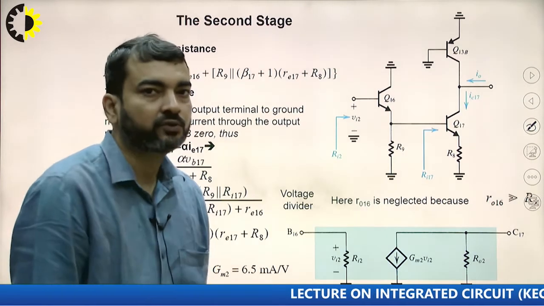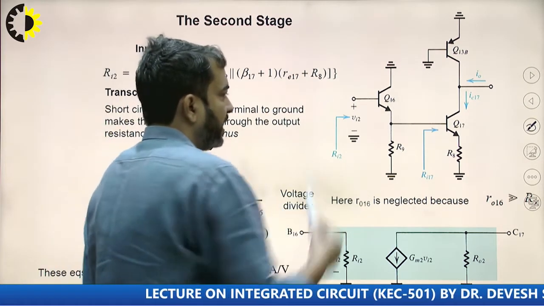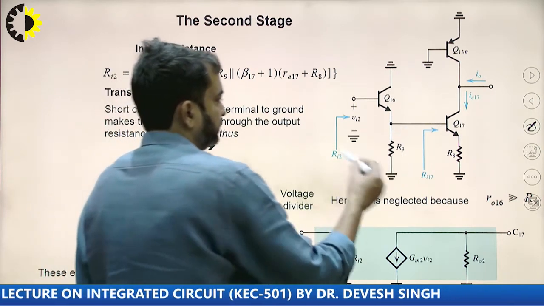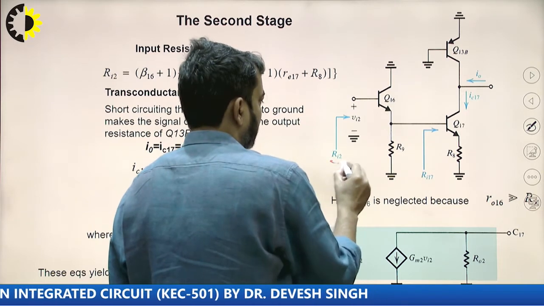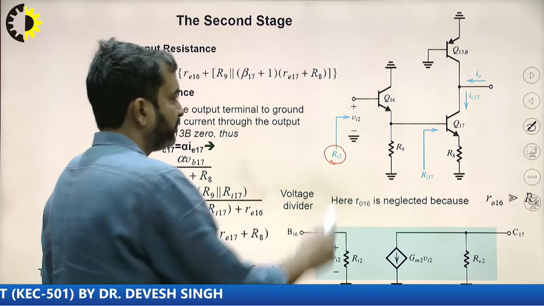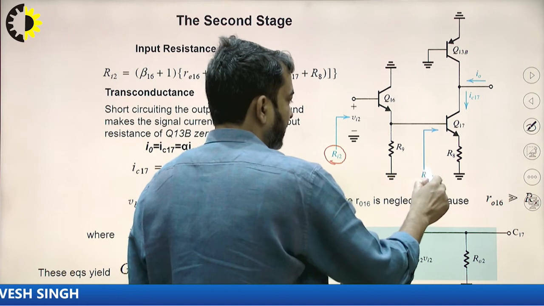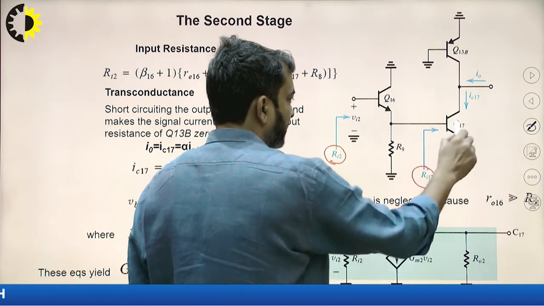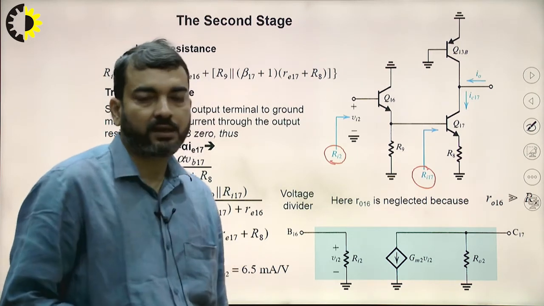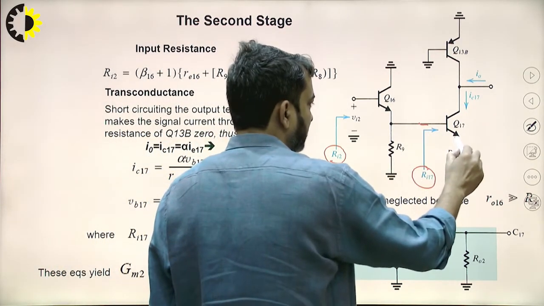So coming to the gain stage, first we will calculate the input impedance of the gain stage, Ri2. For calculating this, we must have an idea of the input impedance when looking into the base of transistor Q17. If we recall the small signal T model, this is the base terminal while this is the emitter terminal.